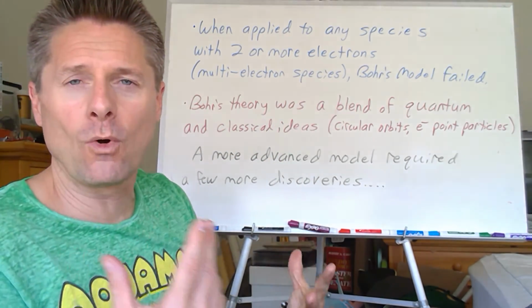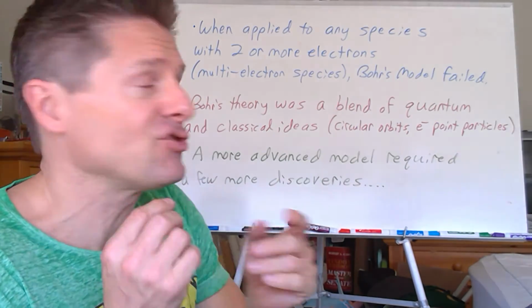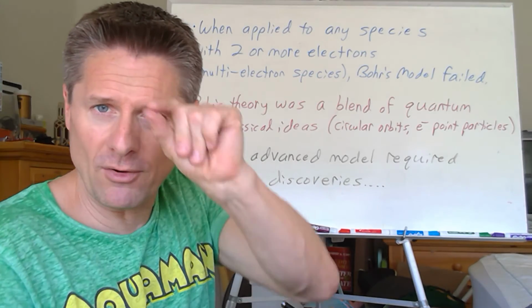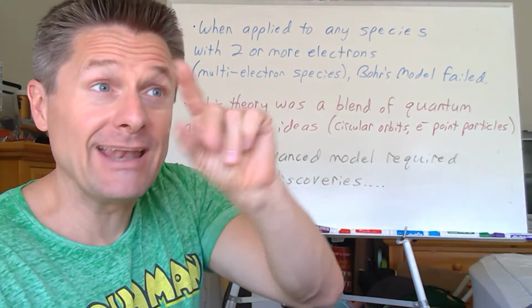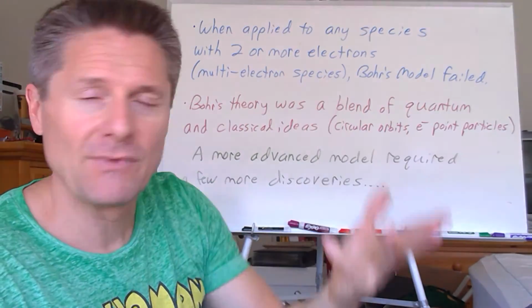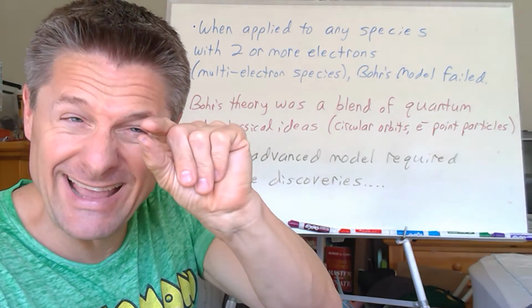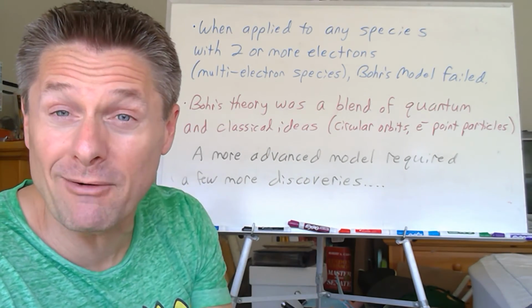And the reason it didn't work so great is that he kind of blended quantum ideas and classical ideas, right? He treated electrons as point particles, moving around in circular orbits with quantized angular momentum. We're going to find out electrons don't move in circular orbits, and we can't really treat them as a point particle where we know exactly where it is.